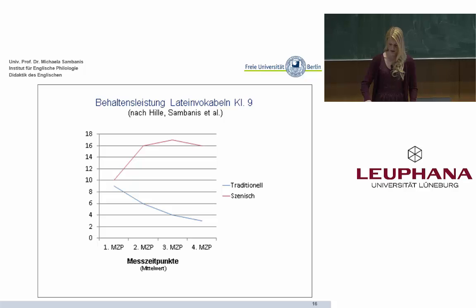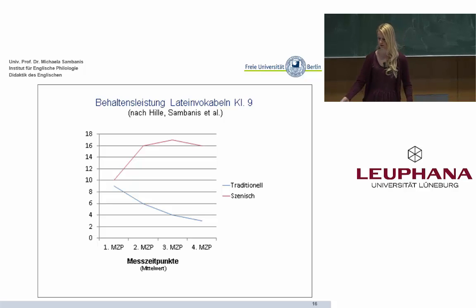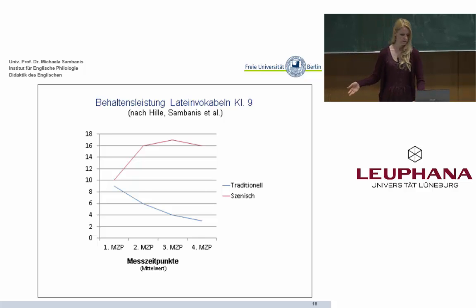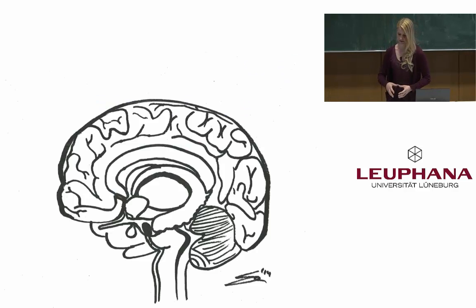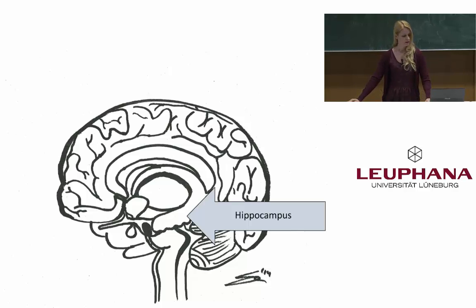Which leads us to the question, how is it possible that the movement group scored better? A first attempt to explain this phenomenon leads us to a brain structure called the hippocampus.